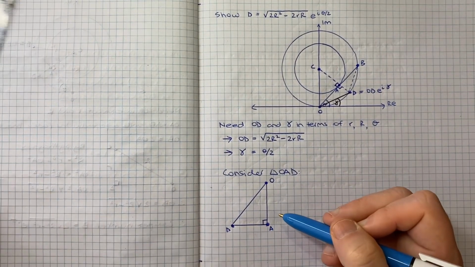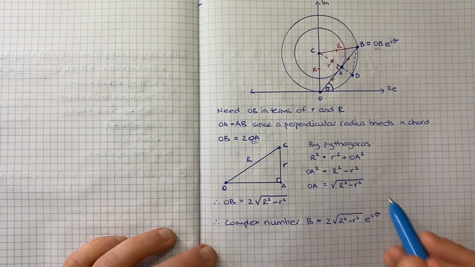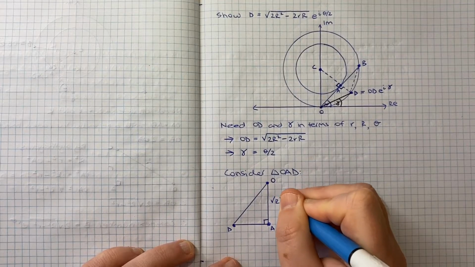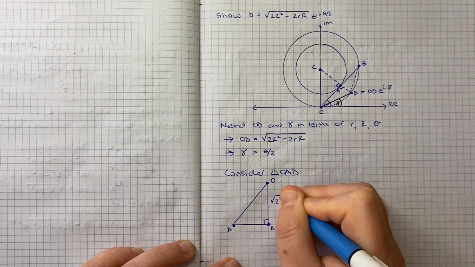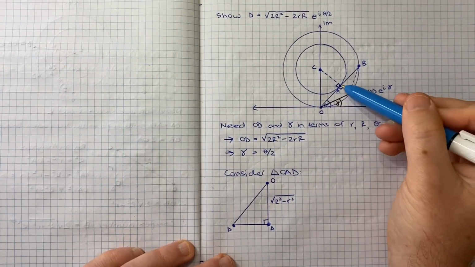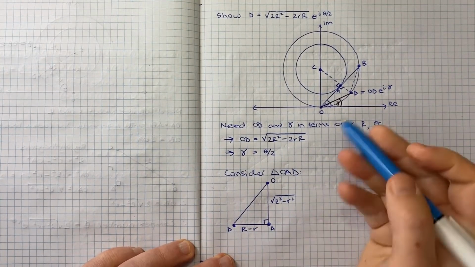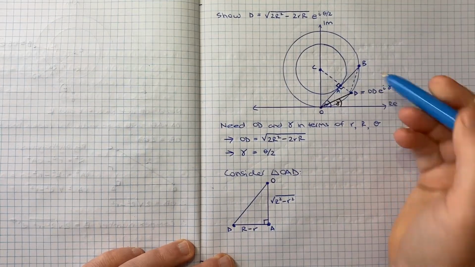OA, we know from part 1, is the square root of capital R squared minus lowercase r squared. And AD will be capital R minus lowercase r. It's the difference of the two radii.